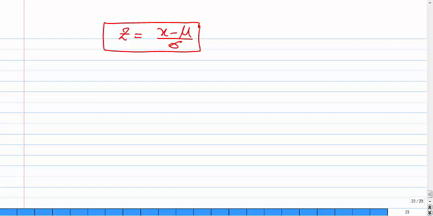Now because we already know the standard, why do we want this? Because we already know the table where we know all the values of the standard normal Gaussian CDF.